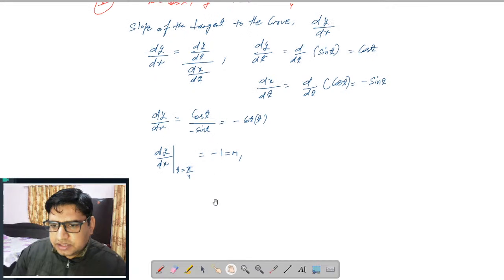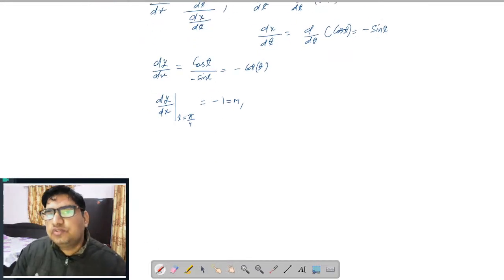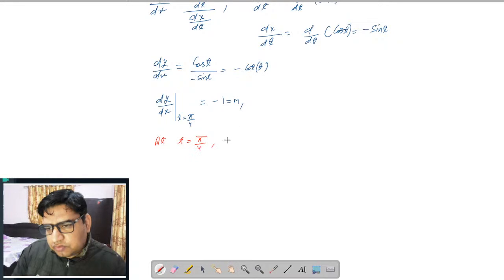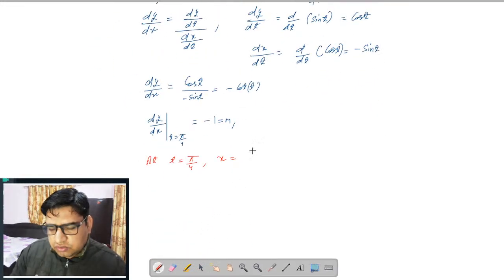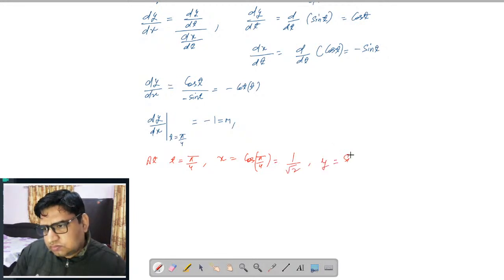Okay, and from here we'll simply find the values of x and y as well. So at t is equal to pi by 4, x is equal to cos t is given to us, so x is equal to cos pi by 4, which is 1 by root 2, and y is equal to sin pi by 4, which is again 1 by root 2.